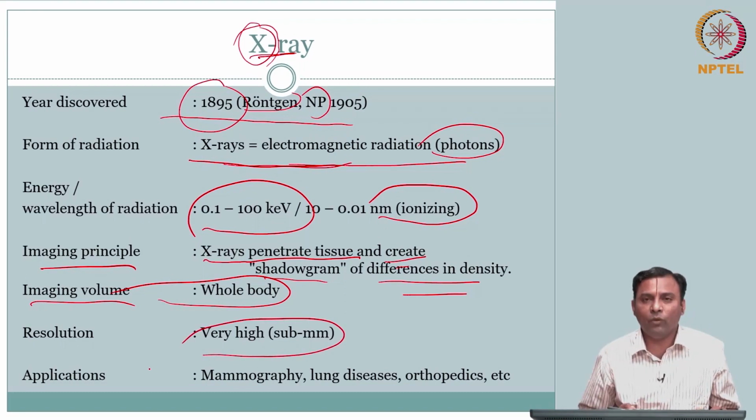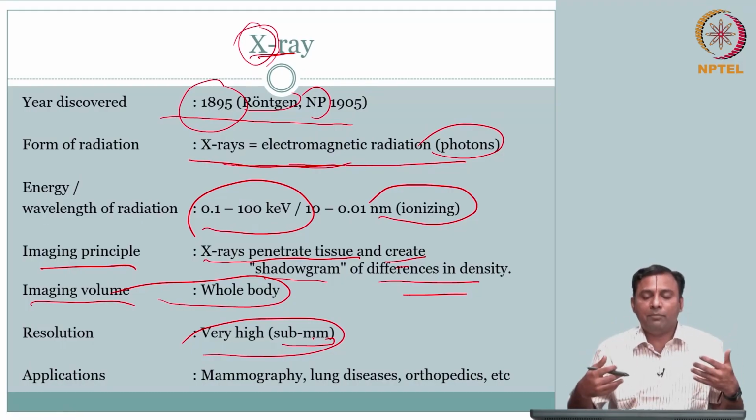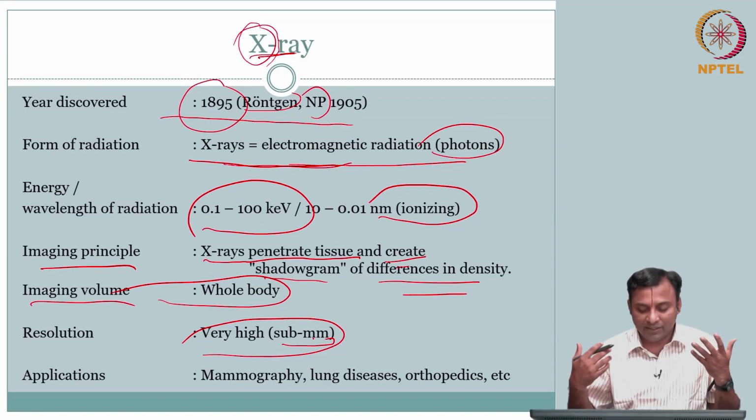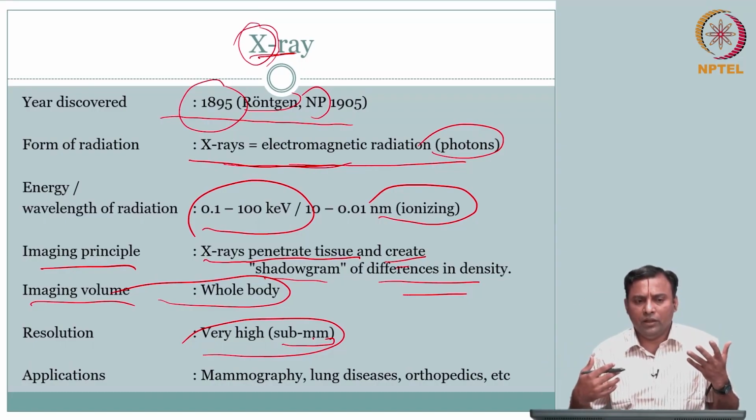Resolution is also very high. What do we mean by very high? This is the context, sub-millimeter. So imagine, for example, if I take my height, it could be tens of centimeters, right? So probably 175, 176 centimeters. So you can get a feel for what it is.